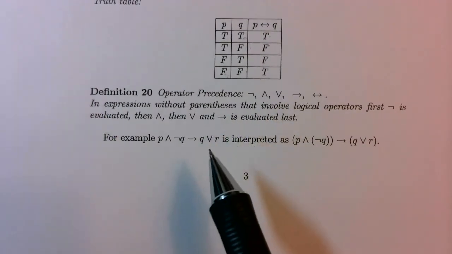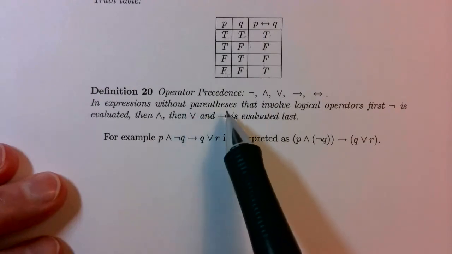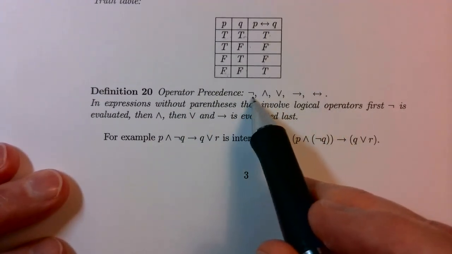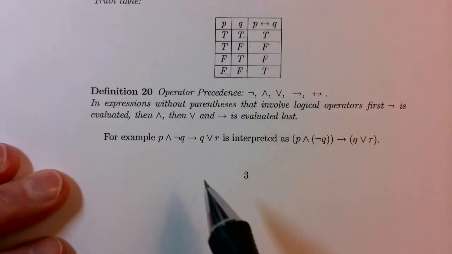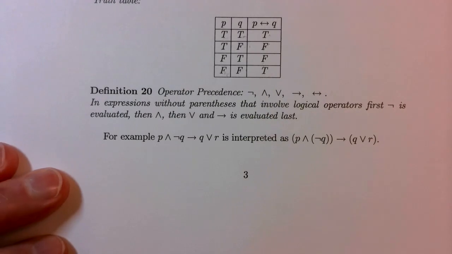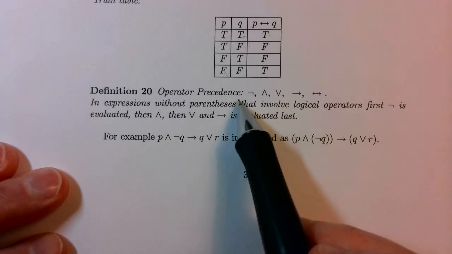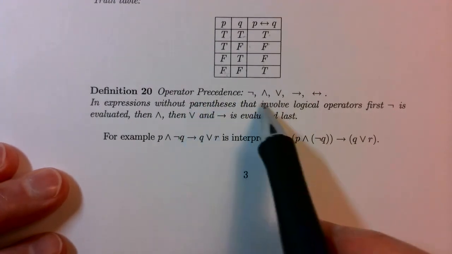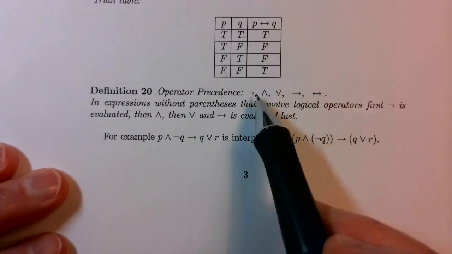When you form compound propositions, we may use all these connectives, and in order to write fewer parentheses, this precedence of operators is accepted.